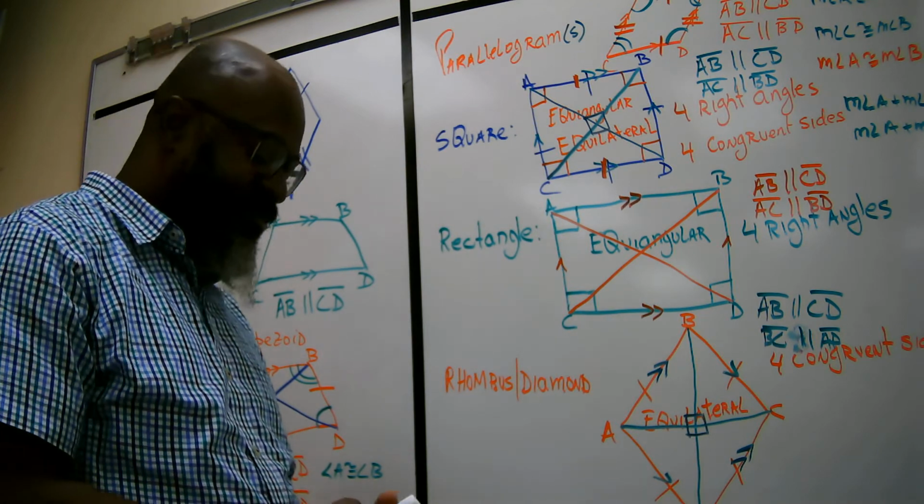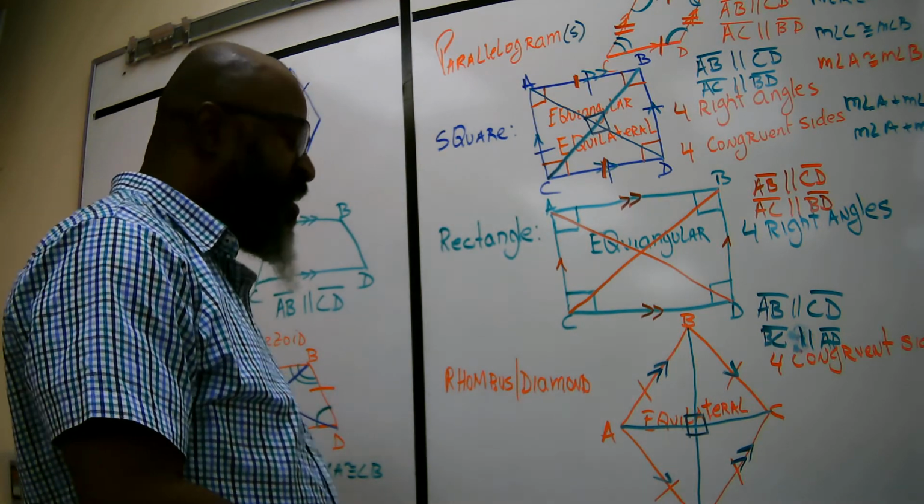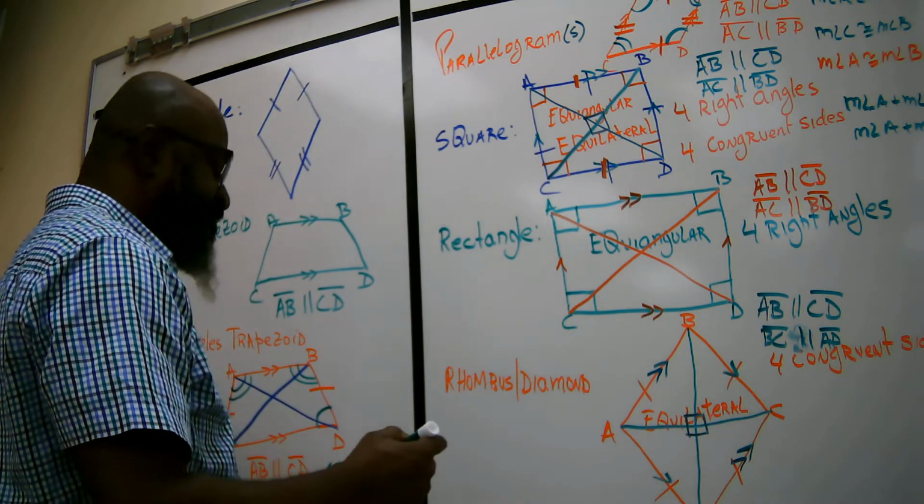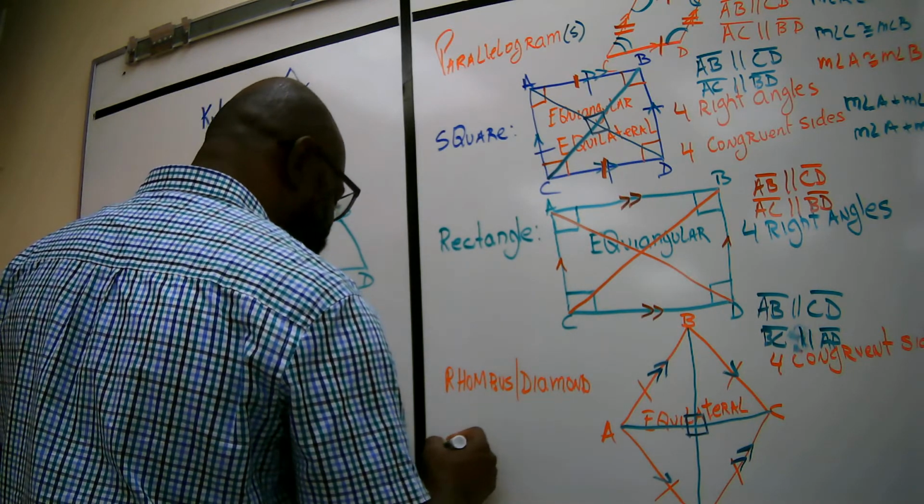And lastly, in a parallelogram, diagonals bisect each other.